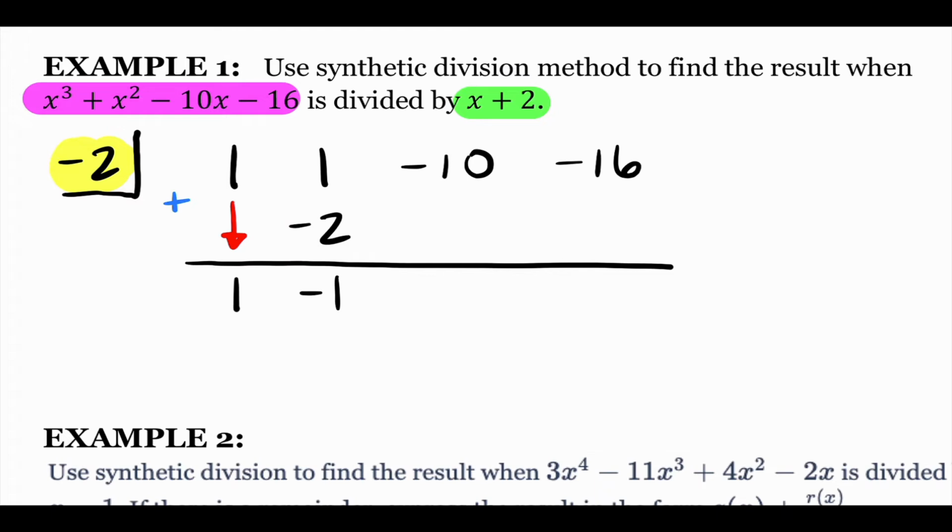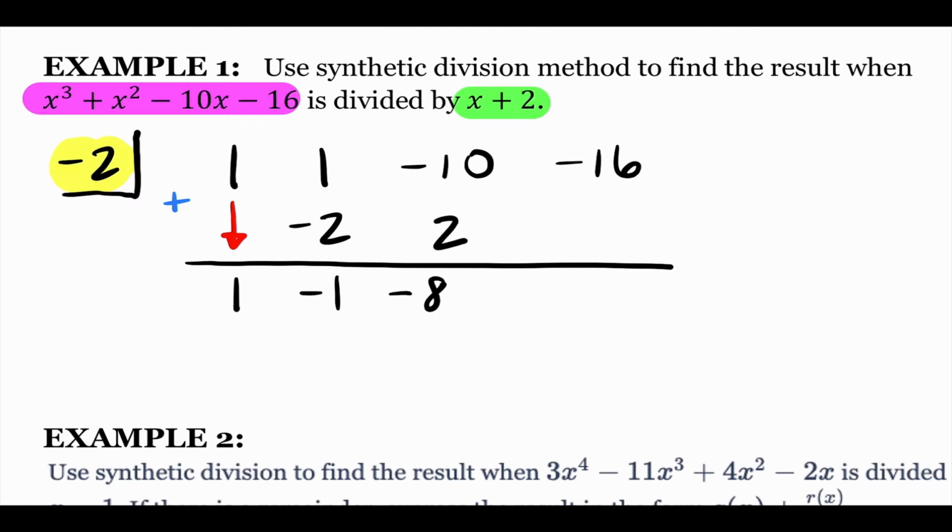We do the same process I just did. Multiply first. Multiply. Negative 2 times negative 1 is positive 2. I'm going to put that guy right there. Add straight down. Negative 10 plus 2, negative 8.